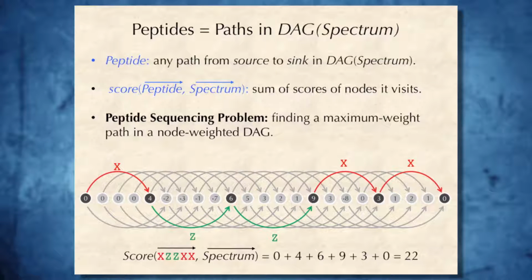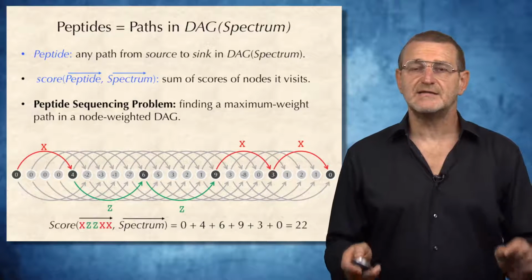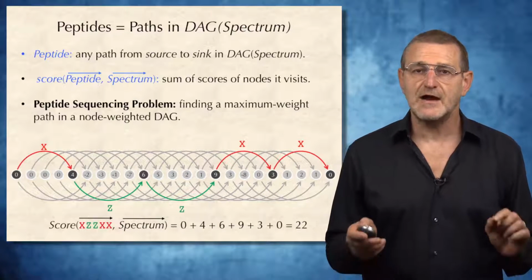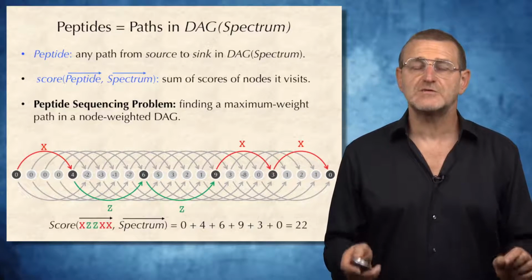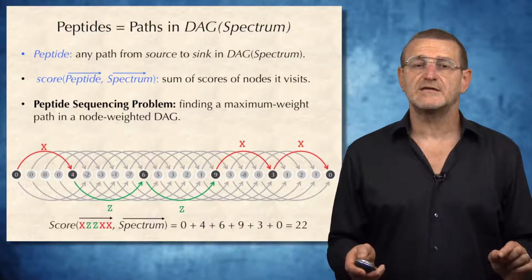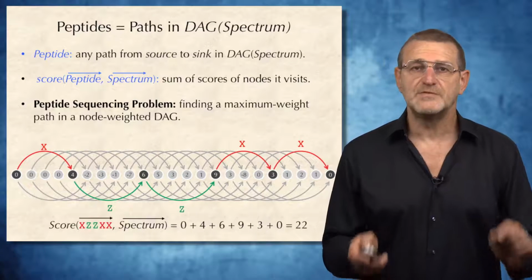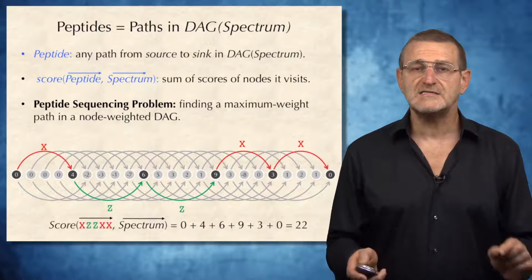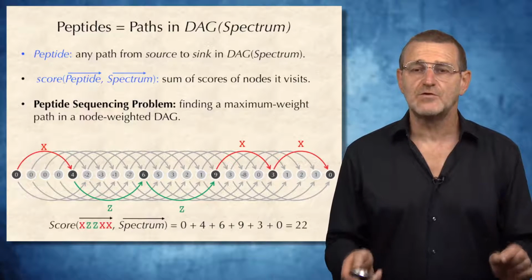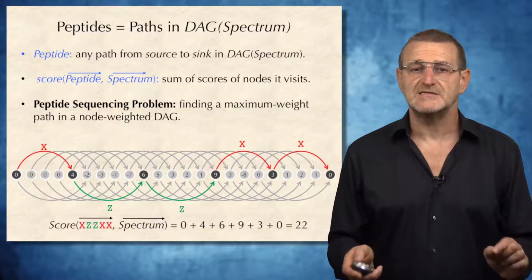The conclusion from this construction is that every peptide corresponds to a path from source to sink in the constructed DAG, and the score between peptide and spectrum is simply the sum of scores of nodes this path visits.